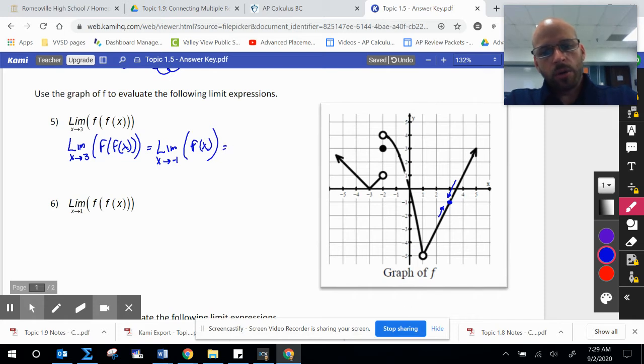And if I approach negative 1, again, this is a two-sided limit from the left and from the right, that is going to give me a value of 3.